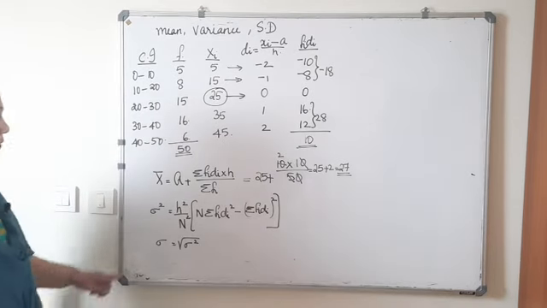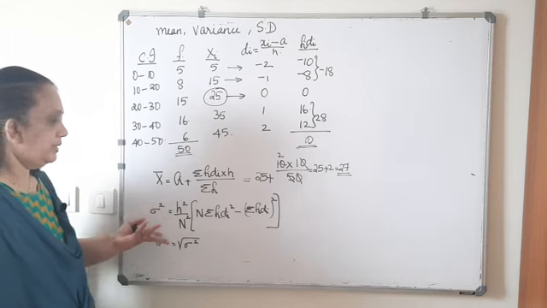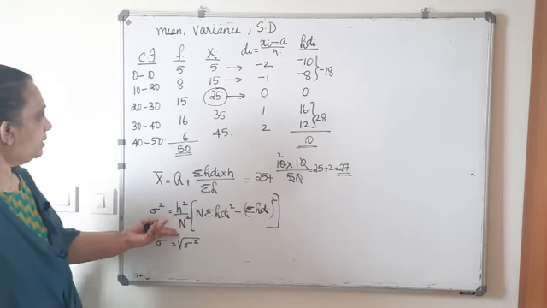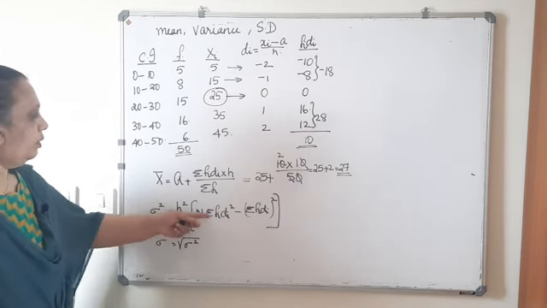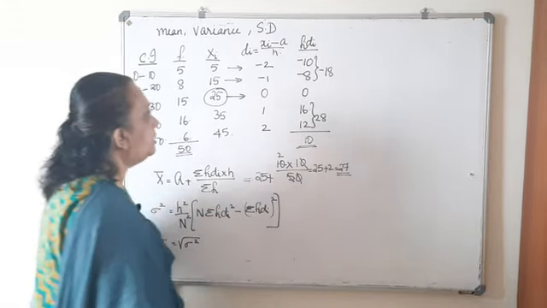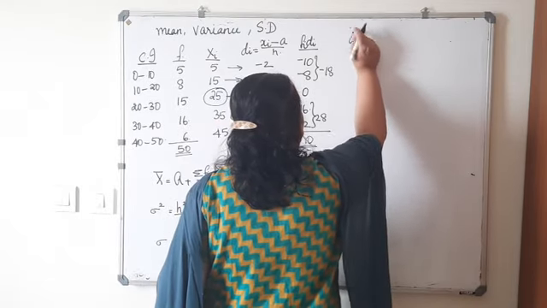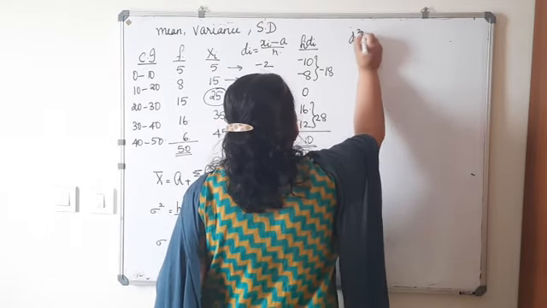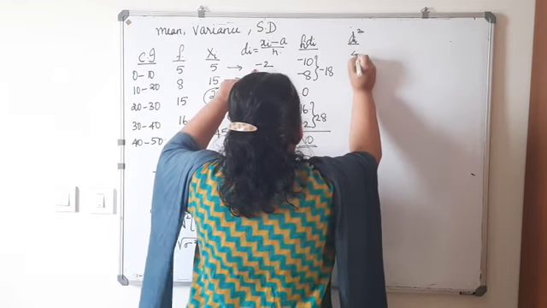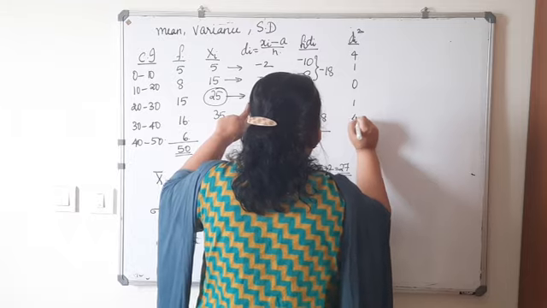Now we come to variance. h squared by n squared, h you know 10, n squared 50 squared, n you know, into sigma fi di squared. Sigma fi di squared means next column you have to find di squared. di squared is equal to 4, 1, 0, 1, 4.